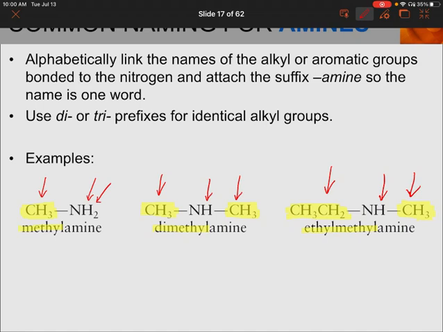So let's classify each of these. What type of amine is methylamine? Primary, secondary, or tertiary? Primary. It's bonded to just one group, or one alkyl group. What about dimethylamine? How would we classify that?